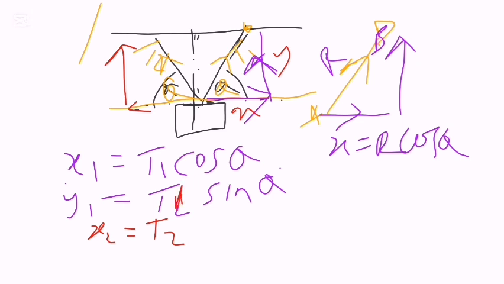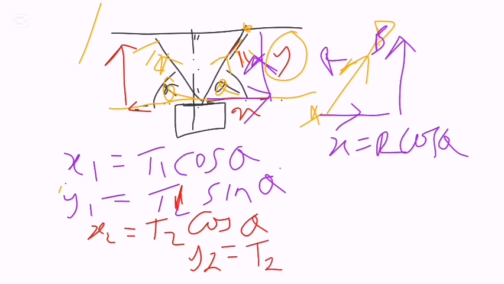It's the same as here, where we said T1 sine theta for the y component. So for tension 2, the x component is T2 cos theta, and the y component, y2, will be T2 sine theta.